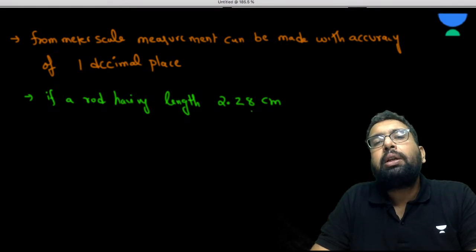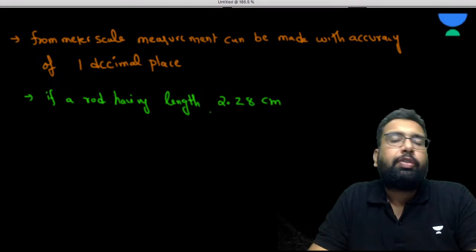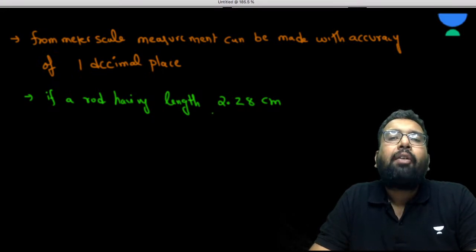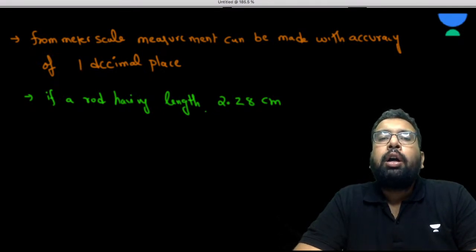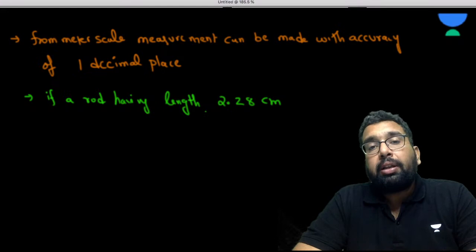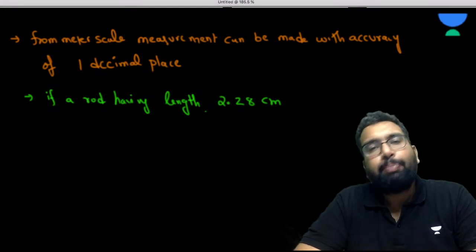Now, can you measure this accurately with the help of a meter scale? No, sir, we cannot, because we cannot get a measurement of accuracy up to 2 decimal places from the meter scale.